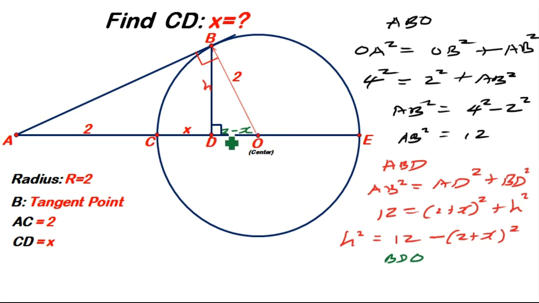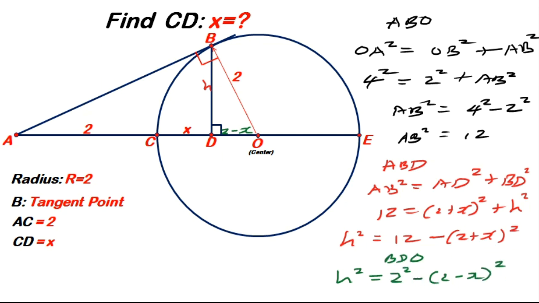So it means from D to O will be the whole 2 minus x. So there, if you make H squared the subject of the formula, you'll get H squared will be, the hypotenuse from B to O is 2 squared, minus the longest side squared, minus from O to D, then minus 2 minus x squared.